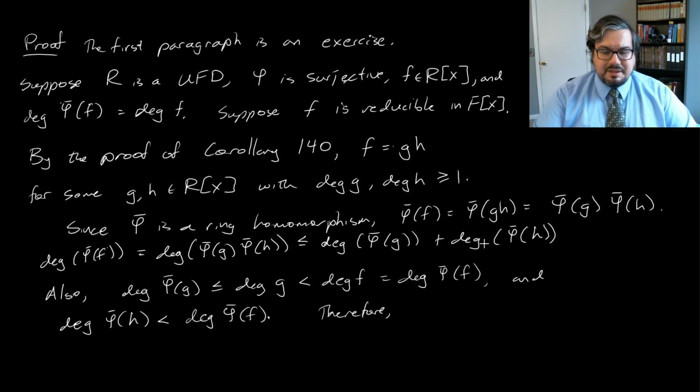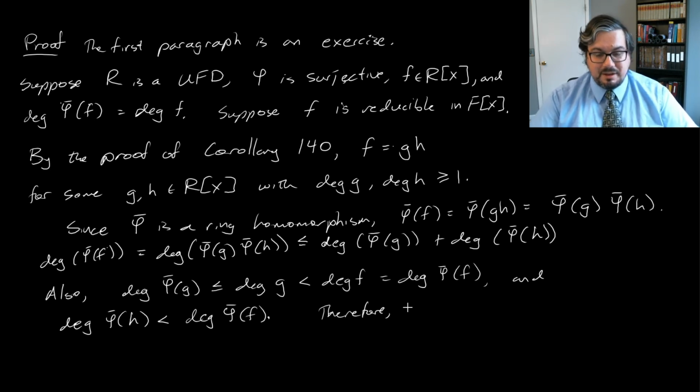Therefore, since the degrees of phi bar of g and phi bar of h are each less than the degree of phi bar of f, but their sum is greater than or equal to the degree of phi bar of f, we have that the degree of phi bar of g and the degree of phi bar of h both have to be at least 1.